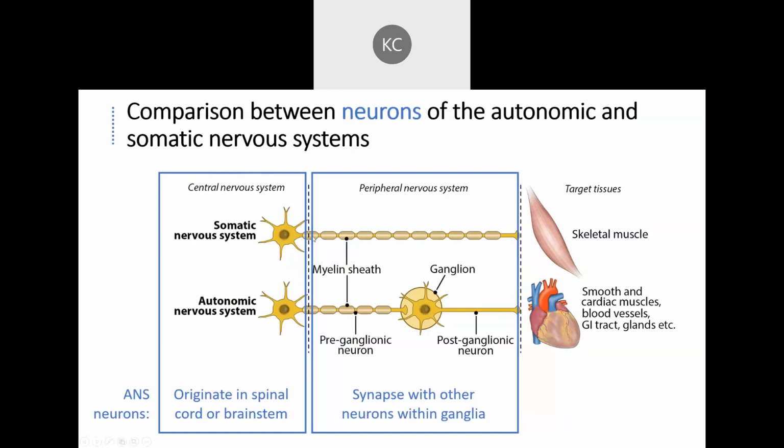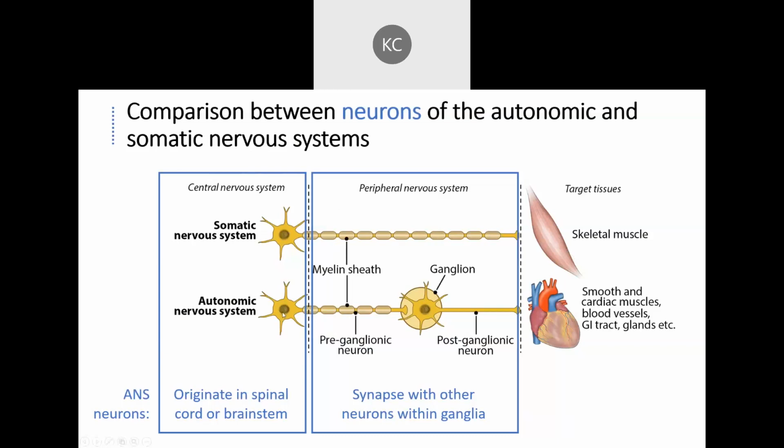In the somatic nervous system, you stretch out into the peripheral nervous system, some peripheral spinal nerve, and you just have one lower motor neuron going all the way out to an effector, all the way out to skeletal muscle. So you start in the central nervous system, the cell bodies of motor neurons are in that ventral horn of gray matter, you stretch out into the periphery, and then you enter into skeletal muscle. One single lower motor neuron, remember? And this would be receiving information from an upper motor neuron.